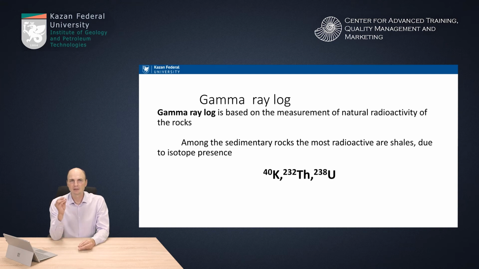But if we rank the sedimentary rocks by their radioactivity, we're going to find out that shale has the highest radioactivity. In this case, we can find out the presence of shale inside the formation. Why does shale have the highest radioactivity? Because of the presence of the isotopes of potassium, thorium, and uranium.